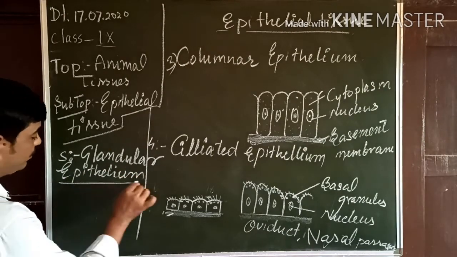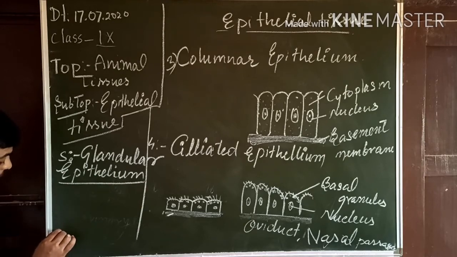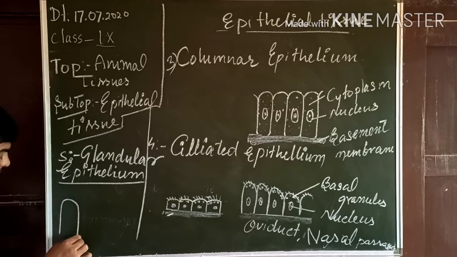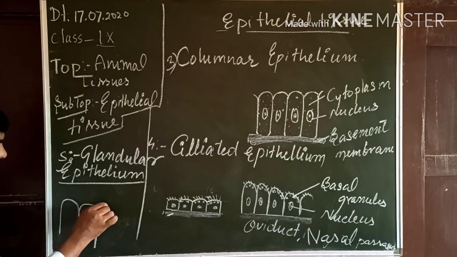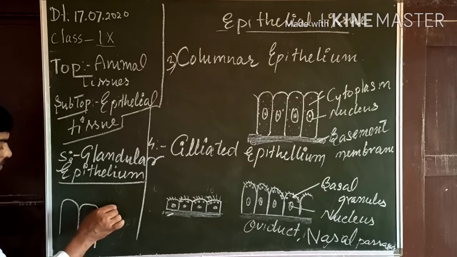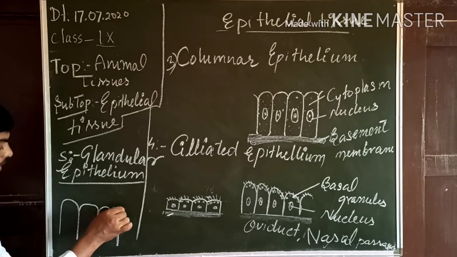The diagram is the same as columnar epithelium, meaning they are a modification of columnar epithelium, modified into depressed structures.